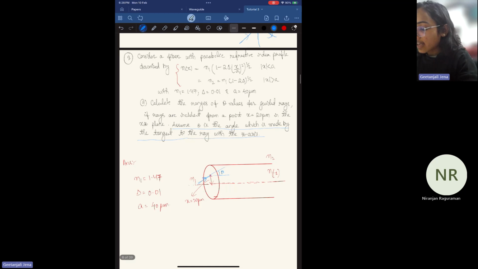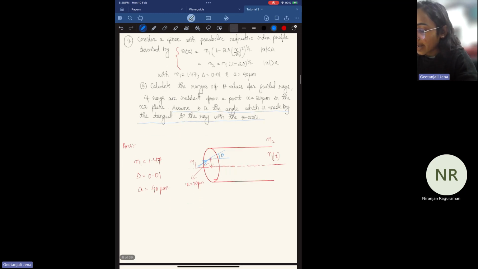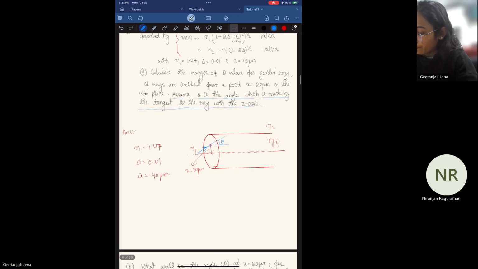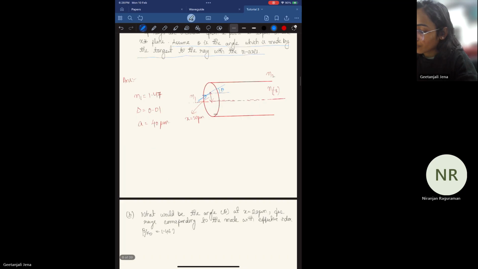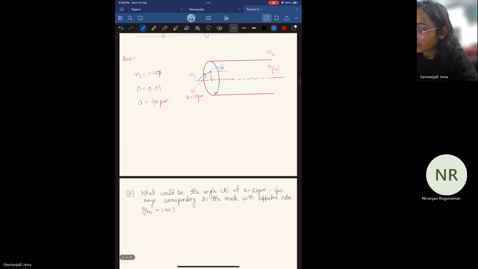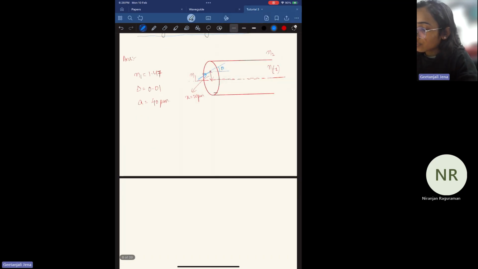So the question is asking, when you launch light at this position, other than the axial point, what is the condition for ray guidance? The condition for ray guidance is nothing but that beta tilde should lie between N1 and N2.